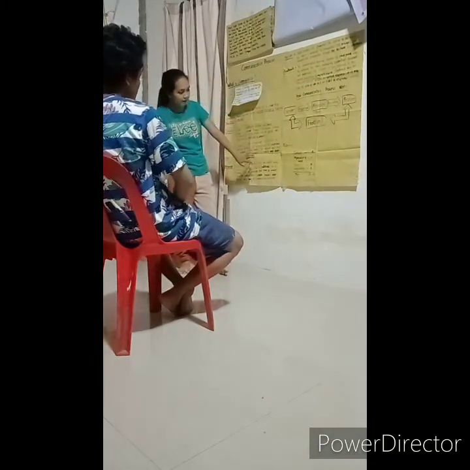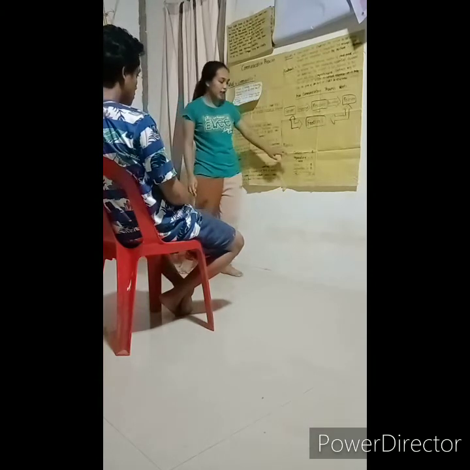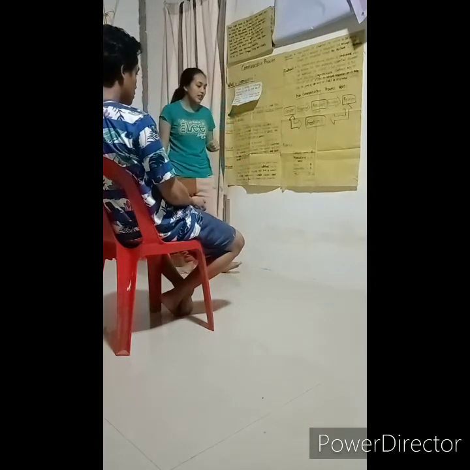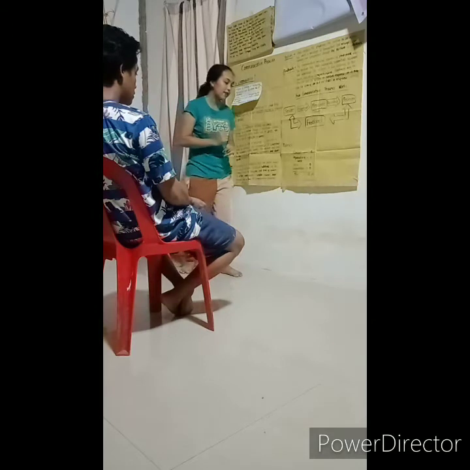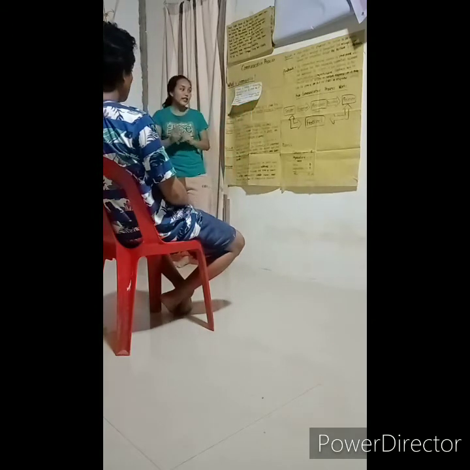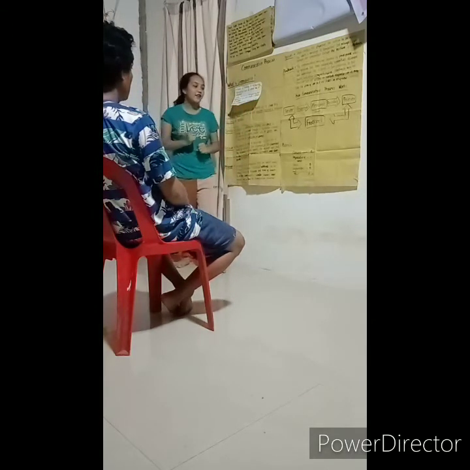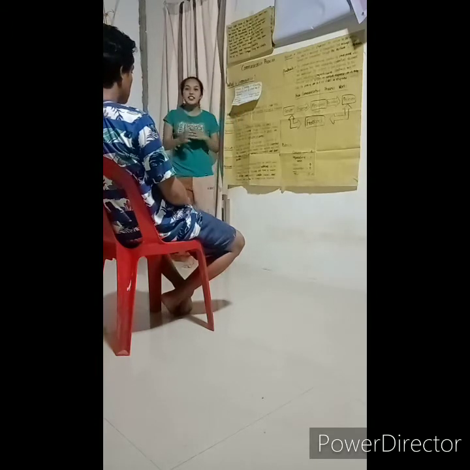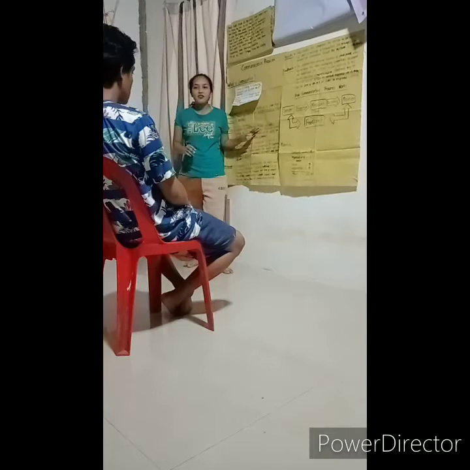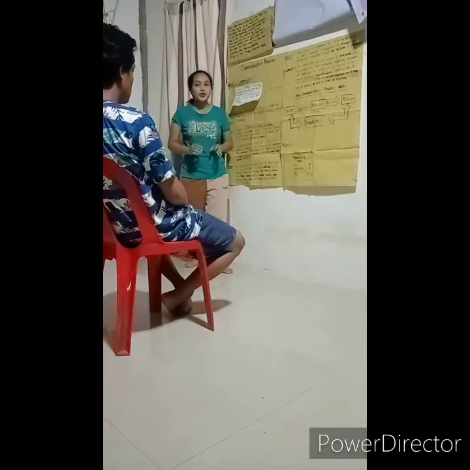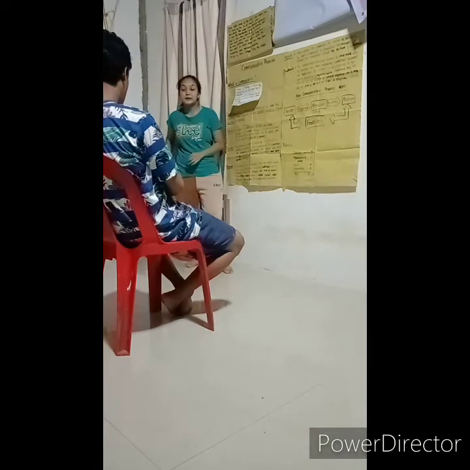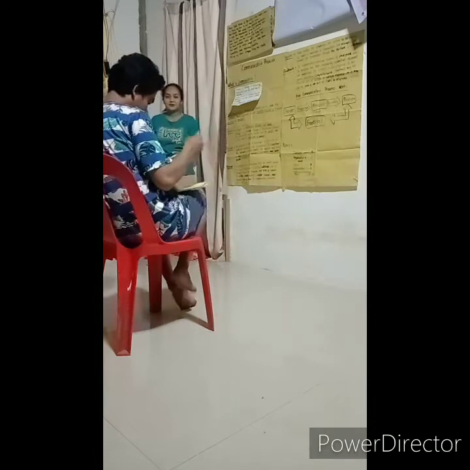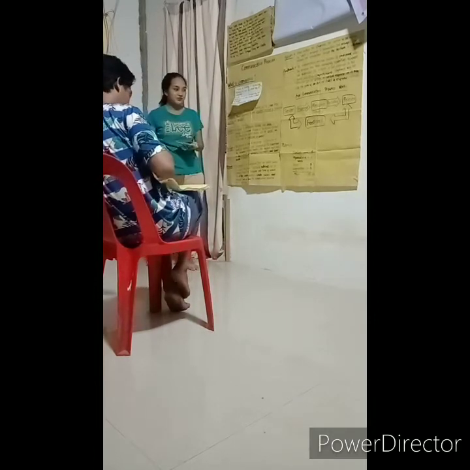First is the content, 5 points, organization of words, 5 points, voice, 5 points, cooperation, 5 points, a total of 20 points. So you will create a short activity or conversation showing the process of communication. I will give you only 3 minutes to do it. Okay, you may start now.